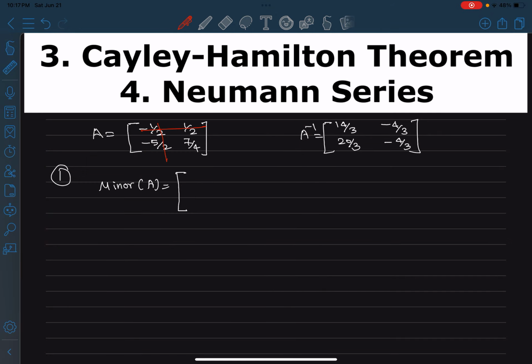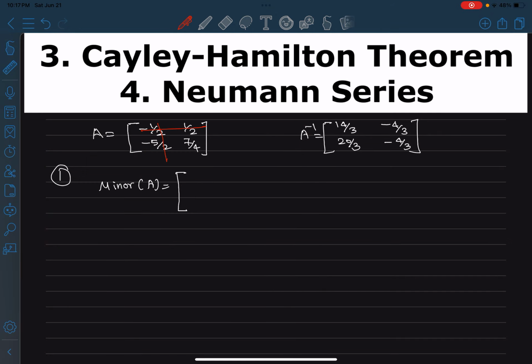The remaining entry is 7/4, and it's one dimensional, so it will just be 7/4. Similarly, if you cross out the row and column of 1/2, you will have -5/2. If you cross out the row and column of -5/2, you will have 1/2. And for 7/4, you will have -1/2. That's the first step to find the minor.